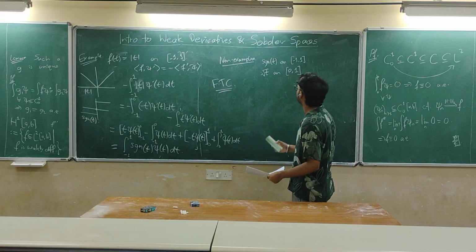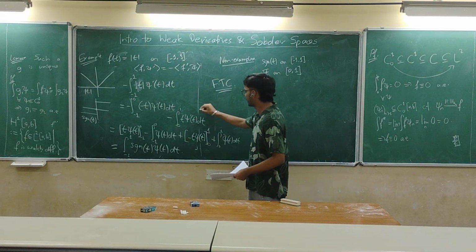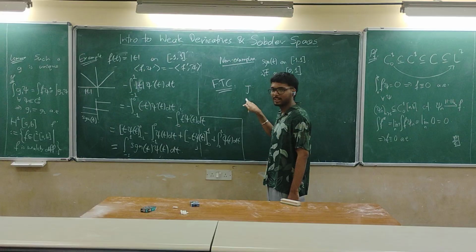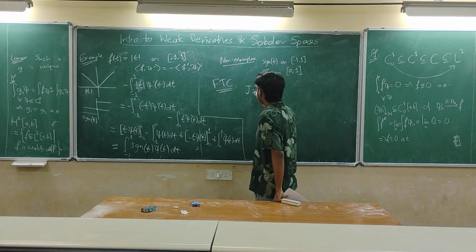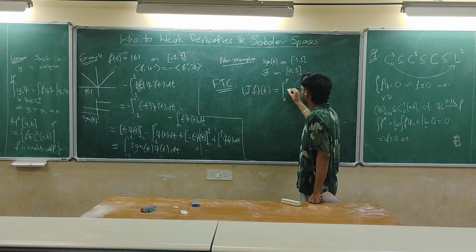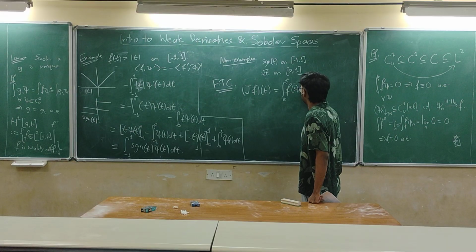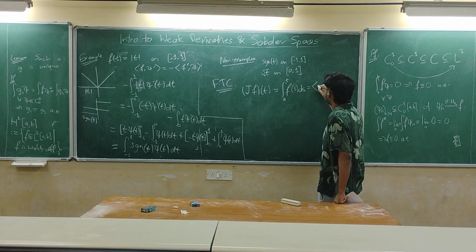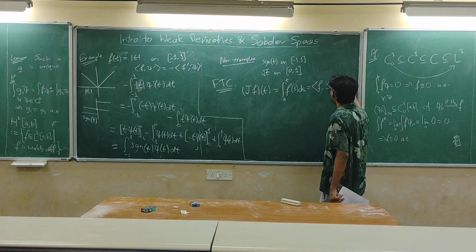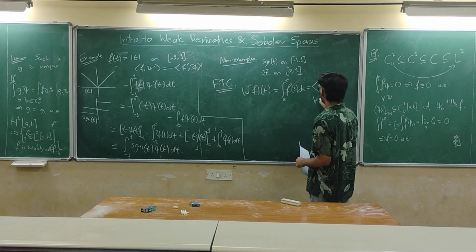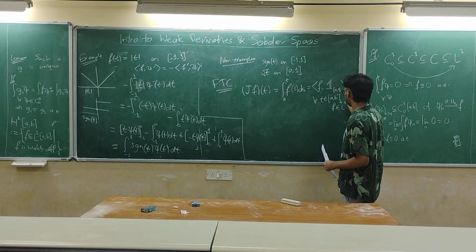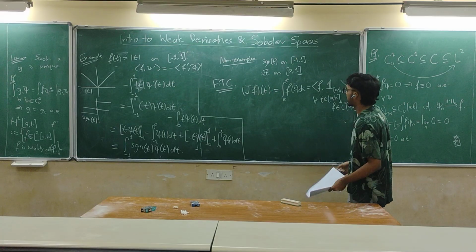Basically, if I look at the classical setting, I recall that we had the integral operator J, which on a function f was defined as the integral from a to t of f(s) ds, which is also the inner product of f with the indicator function of a to t, for all t in the interval and for all square integrable functions on a, b.